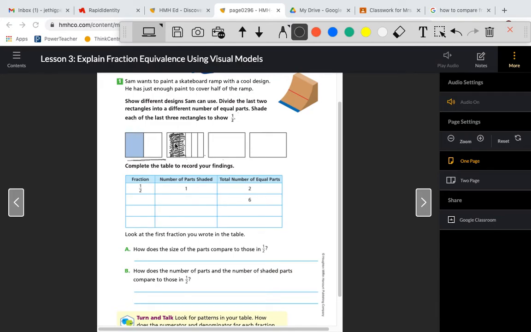Now, in the second 2 squares or rectangles, we need to show equal parts. So let's divide this one into 4 equal parts. If we have 4 equal parts and we want to shade in half, we're going to shade in 2 equal parts.